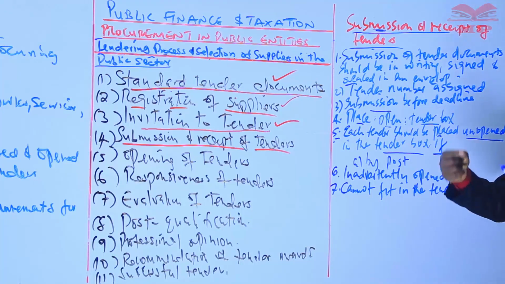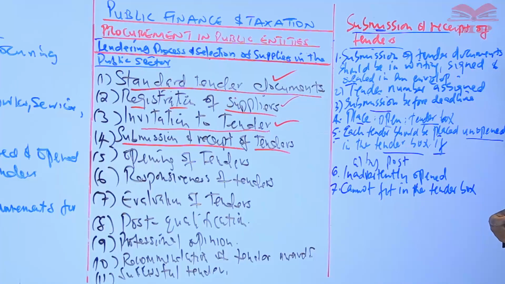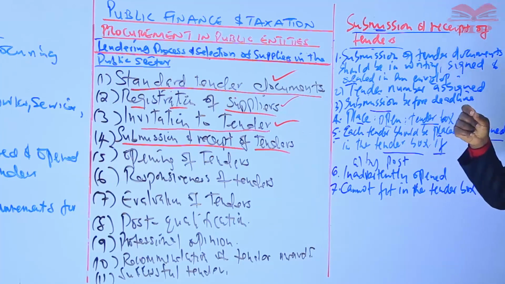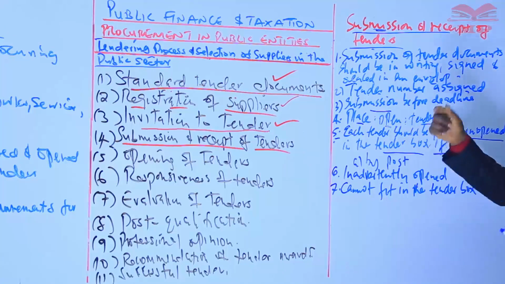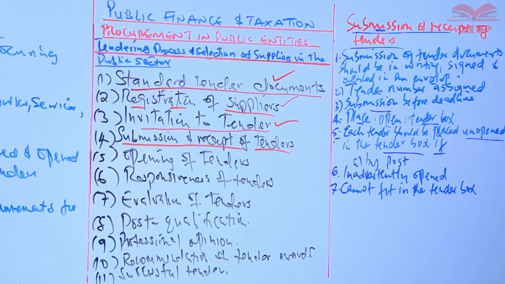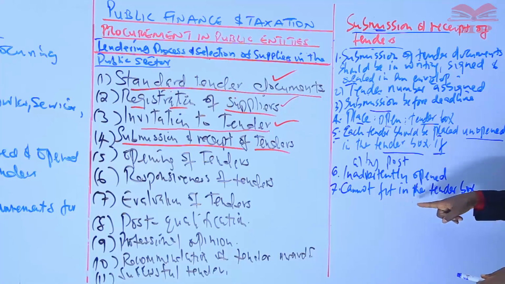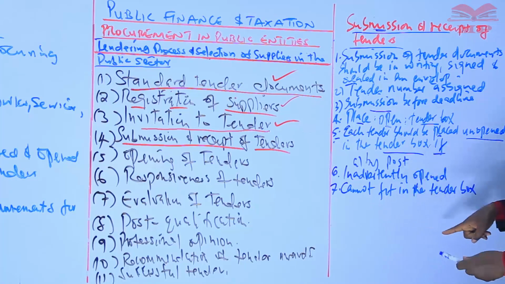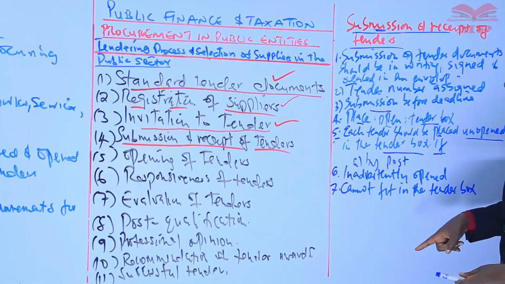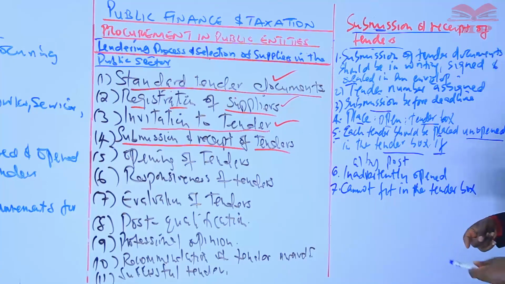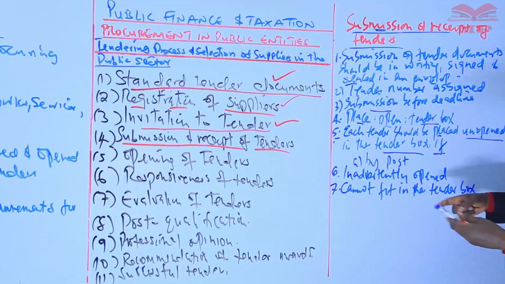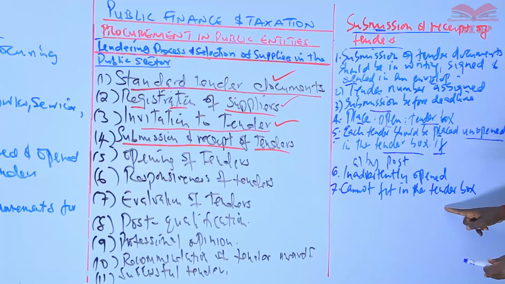Or if no such manner is set out, in the manner determined by the procuring entity, and the procuring entity should acknowledge receipt of the tender documents. So there ought to be guidelines on how an envelope should be received. That is where the envelope does not fit in a tender box.